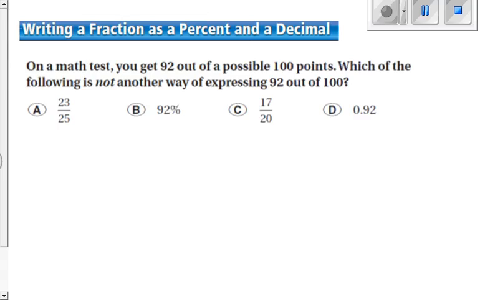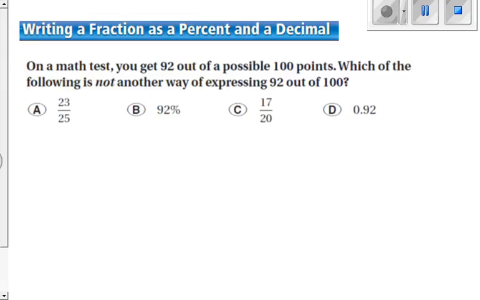The next is a word problem. It says on a math test you get 92 out of possible 100 points. Which of the following is not another way of expressing 92 out of 100? And as you know, 92 out of 100 would be 92%.